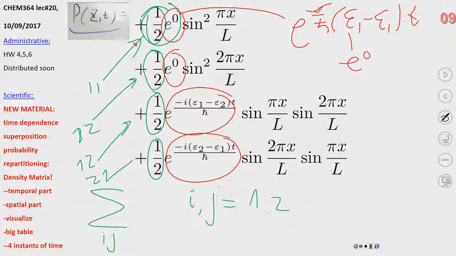So for diagonal elements, when we have the same indices, there is no phase factor accumulation. Now, when these indices coincide, it will be second energy minus second energy, again 0. So no phase accumulation. And here we have sine squared pi x over L. Is it clear where it comes from?